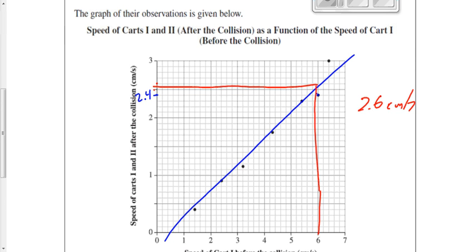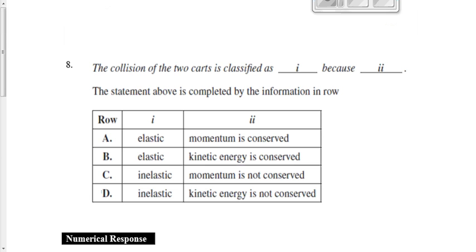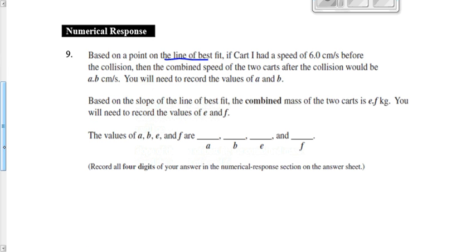We didn't have to do anything crazy difficult there, right? No calculated work, no analysis of the graph really, other than up and over. We're going to fill in the A.B with 2 and 6. The combined speed of the 2 carts after the collision would be 2.6 centimeters per second.